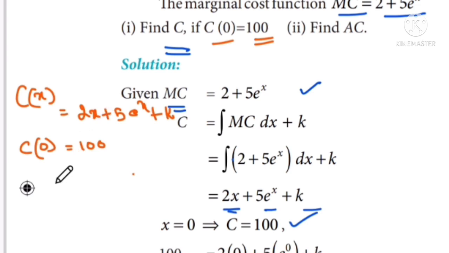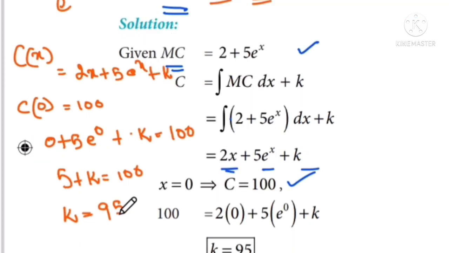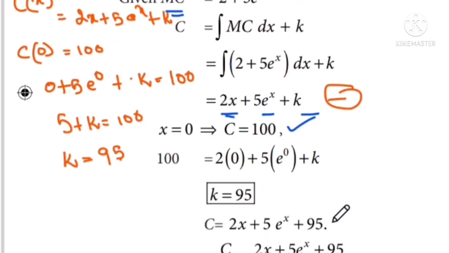So 2 into 0 is 0, plus 5 e power 0 plus k is 100. The value of e power 0 is not 0, it is 1. So 5 plus k is 100. So we get k is 95. So put k in this equation. So we get the cost function as 2x plus 5 e power x plus 95.